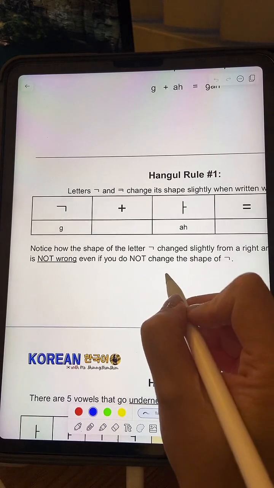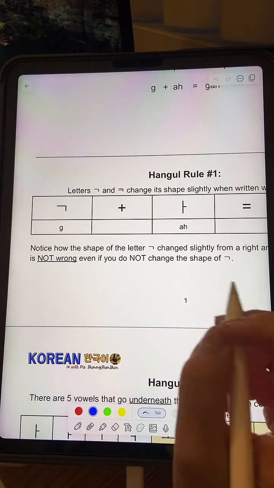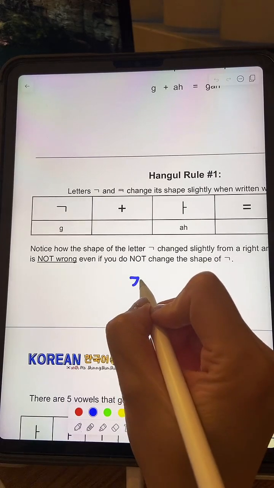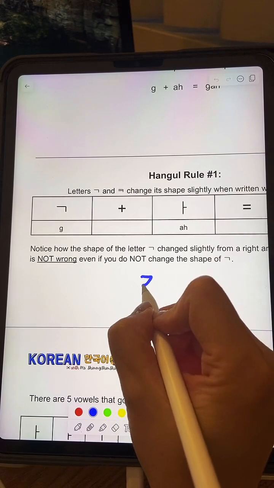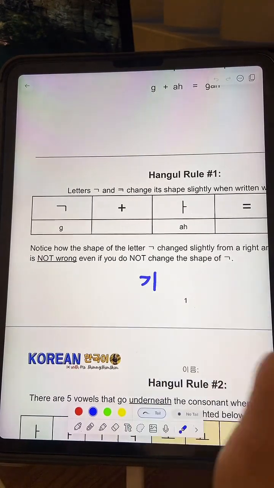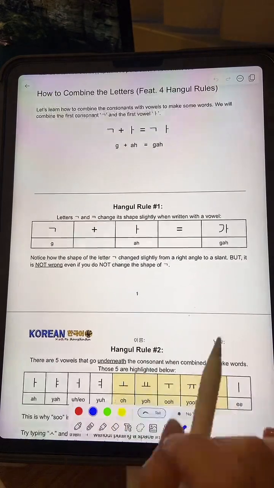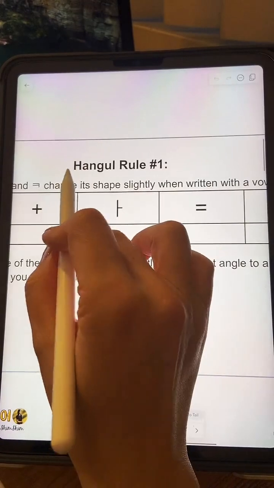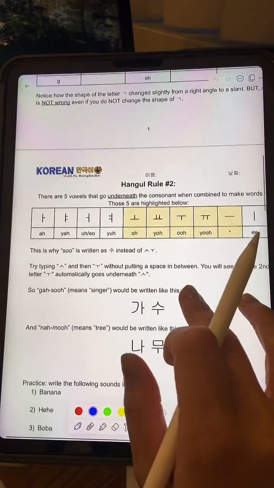Ki. Call. Just for style. But many more people make a little slant like this. Okay? Once again, that's a very minor one, but we're going to start with that. Hangul rule number 1. All right, on to number 2.